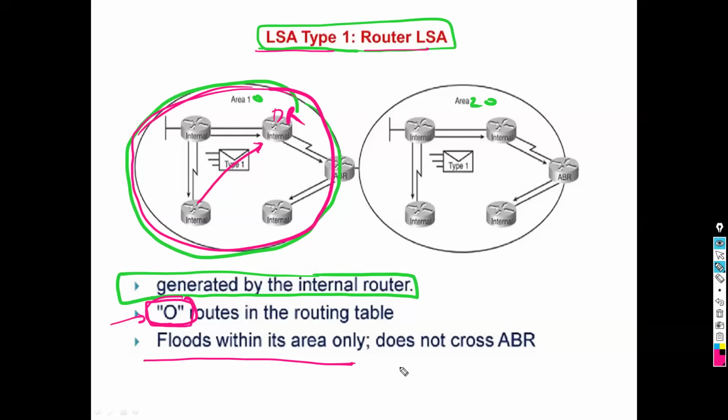Now, if this router goes down, and this update is not available on this router, it means the problem is related with router LSA. Clear my point?